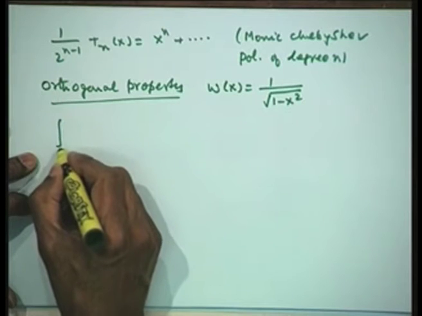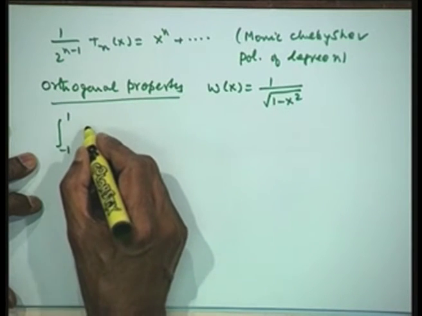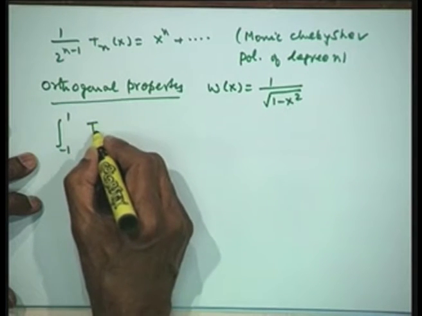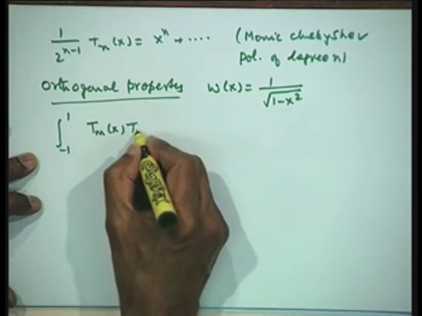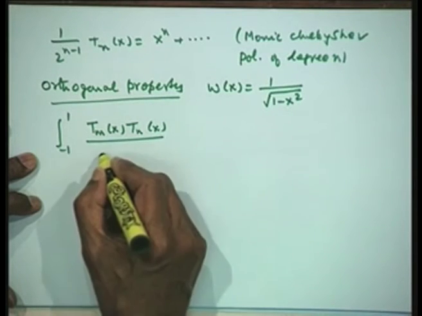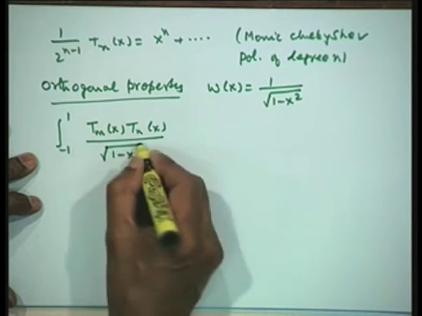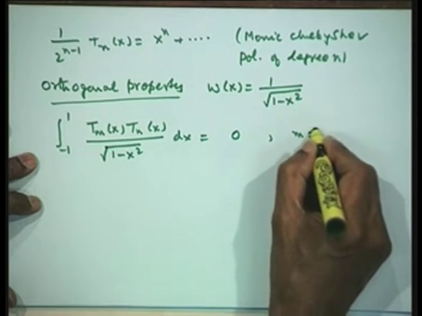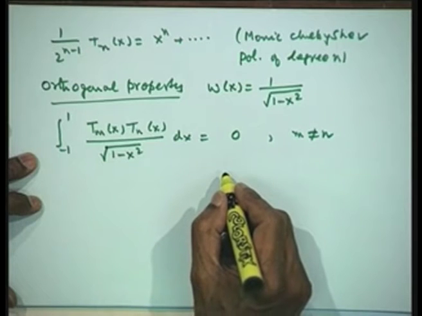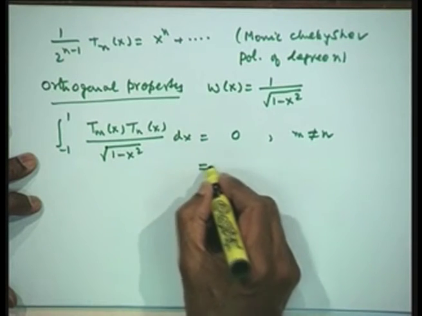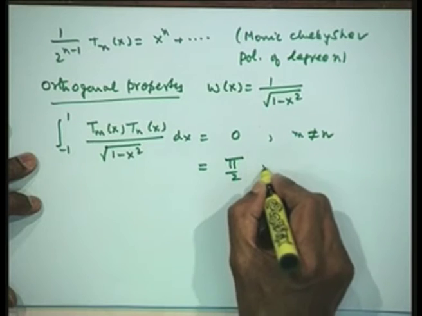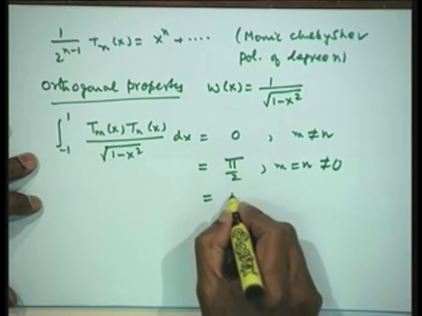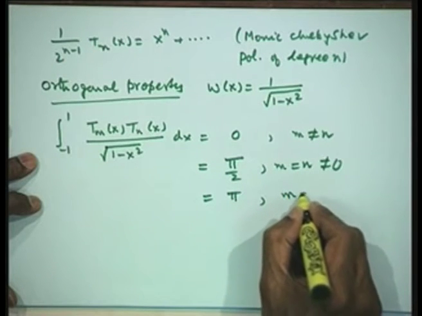Therefore, the integral from minus 1 to 1 of w x into T m x T n x, with w x equal to 1 upon under root 1 minus x squared, dx, is equal to 0 for m not equal to n. If I put m is equal to n, I will get pi by 2 for m equal to n not equal to 0, but this will be equal to pi if it is equal to 0.